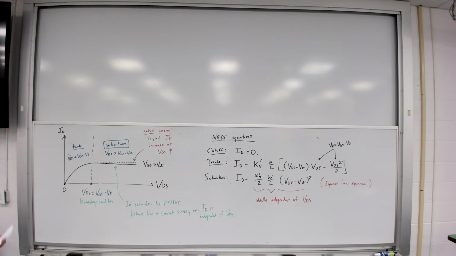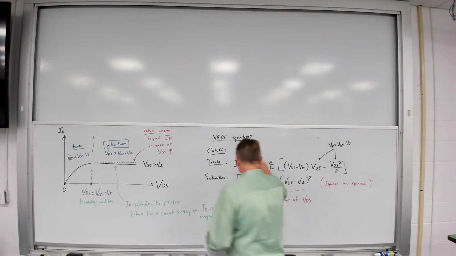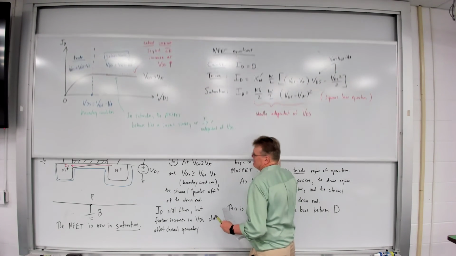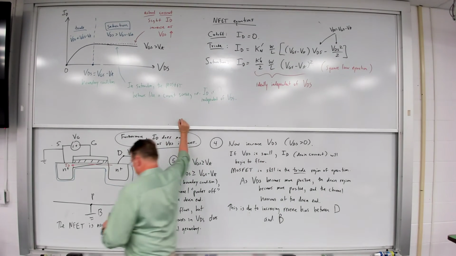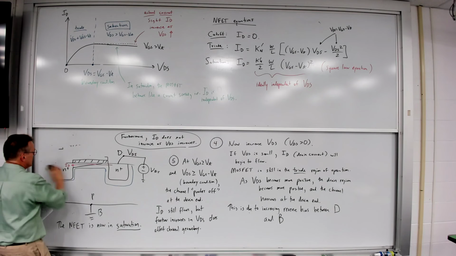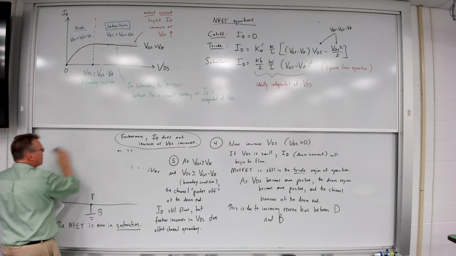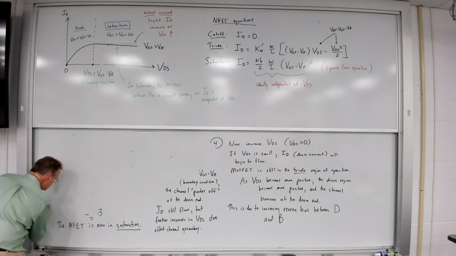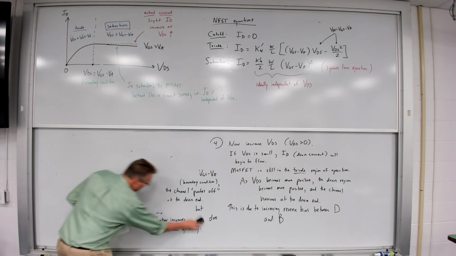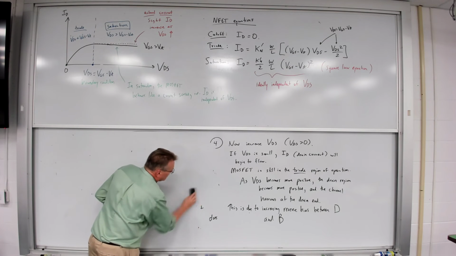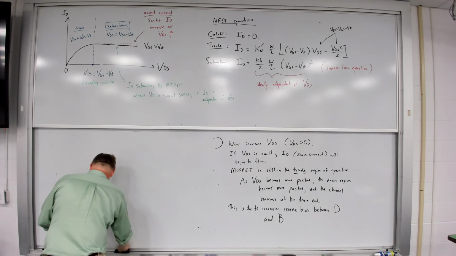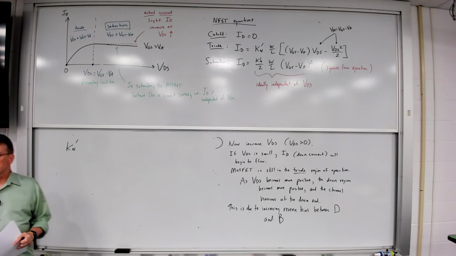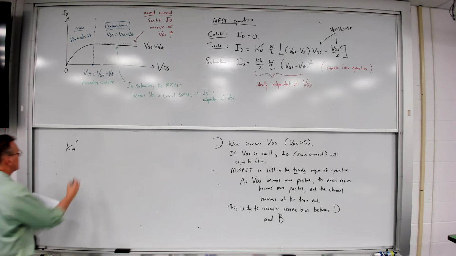All right. What is this K prime N here, or Kn prime, whatever? We give a name to this. We call this the transconductance parameter.